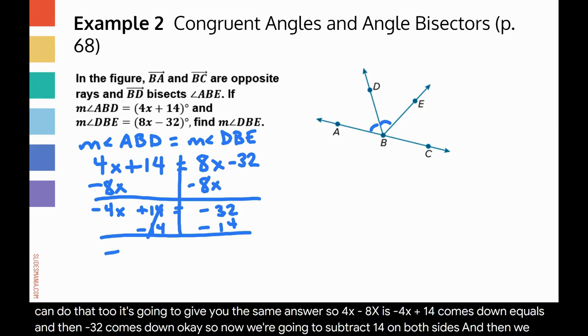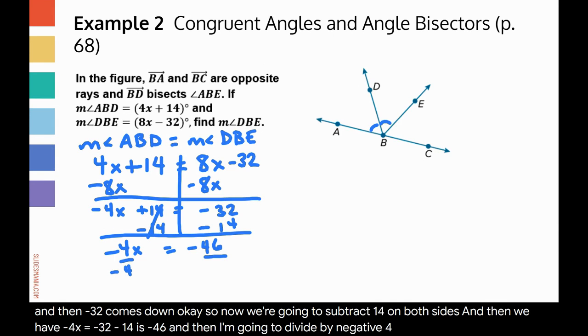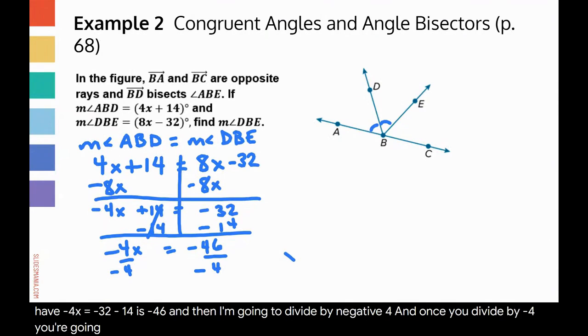And then we have negative 4x equals negative 32 minus 14, which is negative 46. Then I'm going to divide by negative 4, and you're going to get x equals 11.5. Okay, so that's step 1.